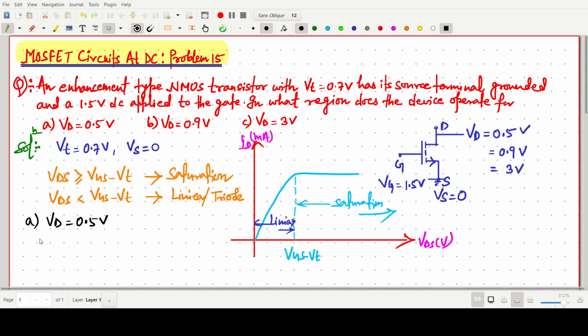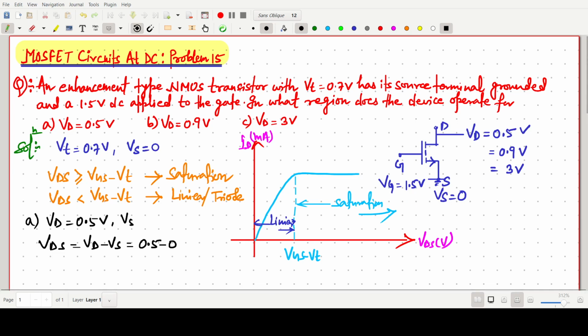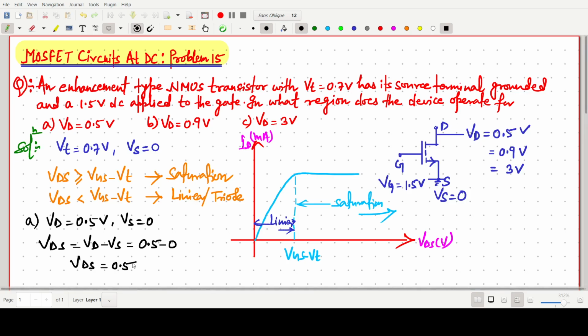First of all, you find VDS. VDS is VD minus VS, 0.5 minus VS, and VS is grounded, so simply we can say VS equals 0. So the VDS value will be 0.5 volt.